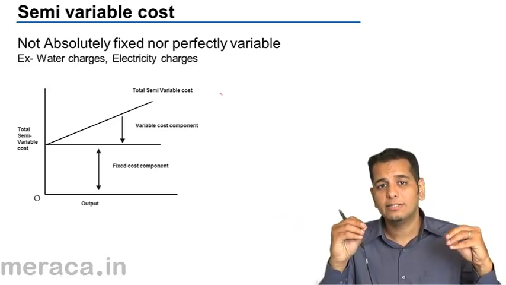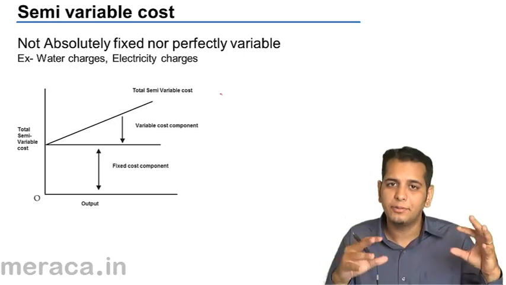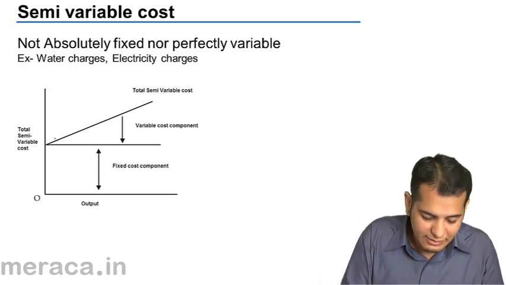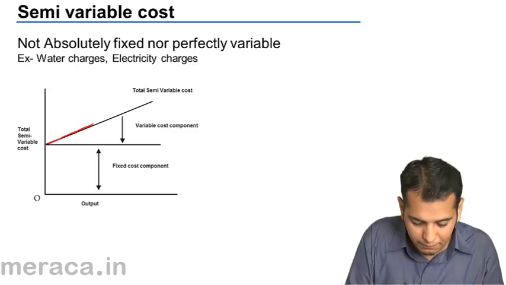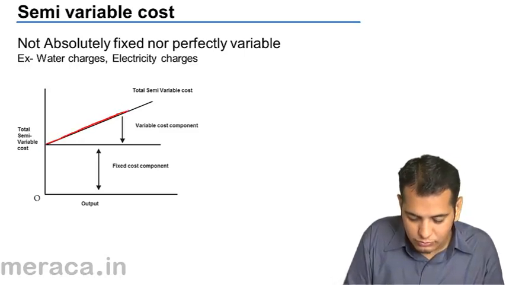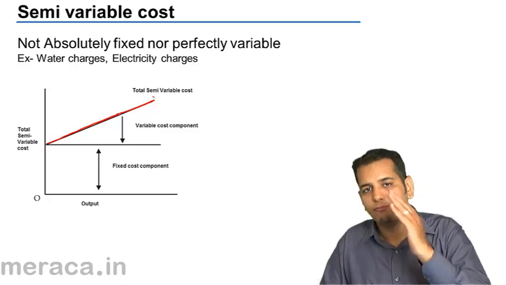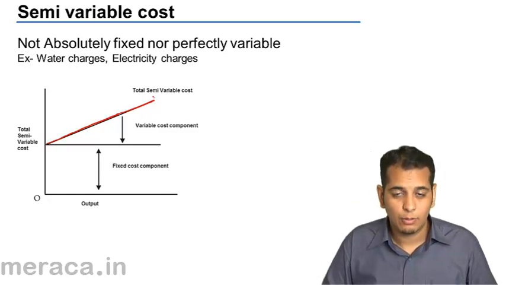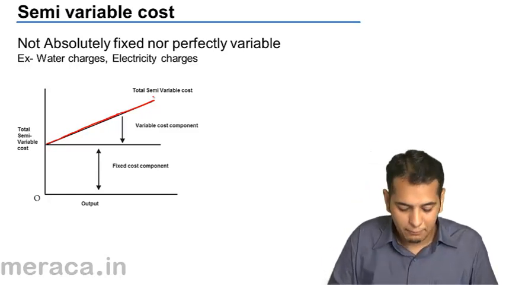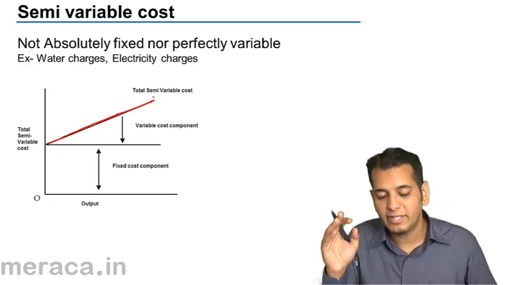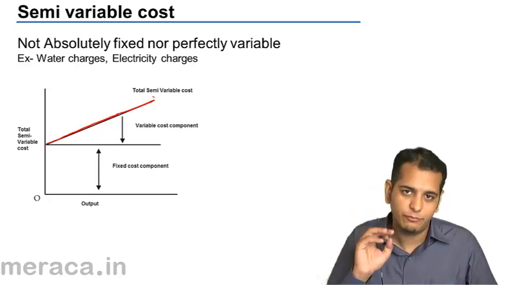Let's see how the semi-variable cost appears on a graph. The semi-variable cost is always upward sloping. Now, why is it upward sloping? Because it is a mix of fixed cost and variable cost.